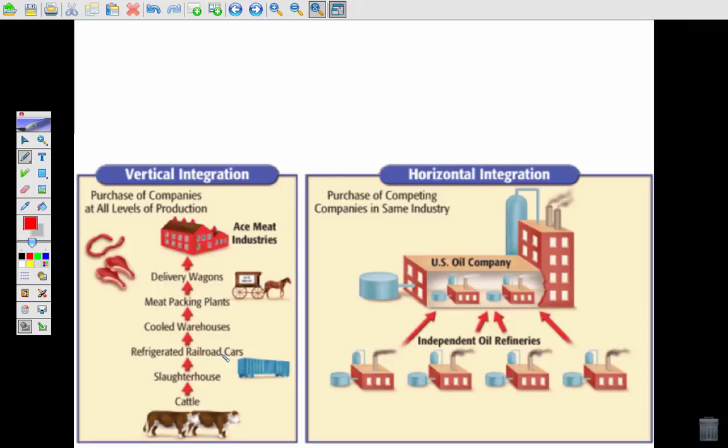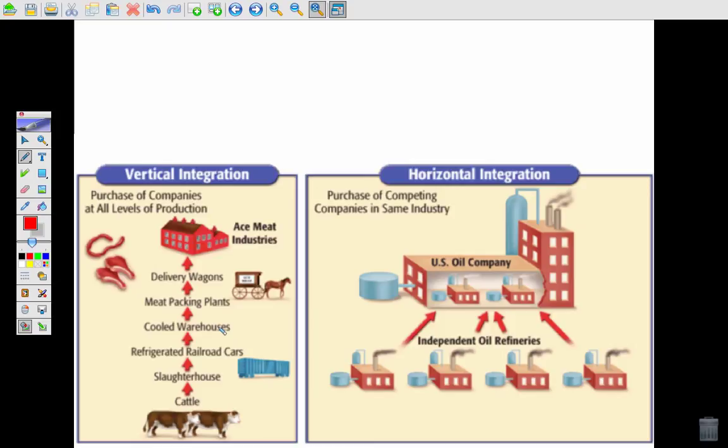So the raw material is the cattle. You need to get your cattle to the slaughterhouse. So you use a refrigerated railroad car, and that's transporting your raw material. We slaughter the cow, it's cut. We now need to get it where it needs to go. So we're using that refrigerated railroad car to get it where it needs to go.